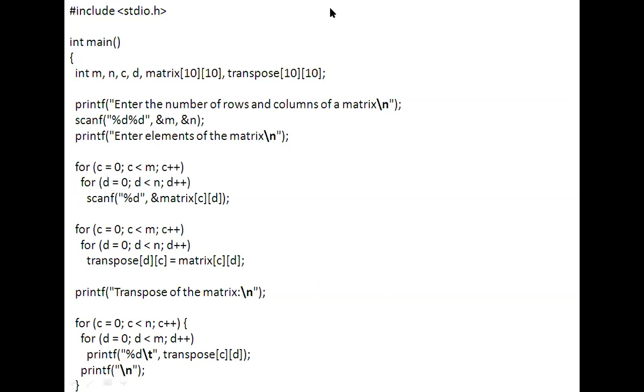This logic is for matrix A. This is for input values of the matrix, with indices C and D. For input values we are using two loops here, and for output, for the transpose, this is the logic here.